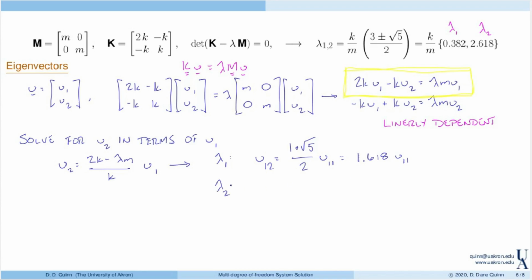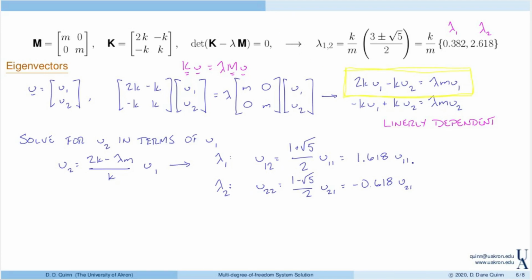Likewise, do the same for the second eigenvalue. So that's lambda 2. We get u22 is now (1 minus the square root of 5) divided by 2 times u21, which in this case becomes minus 0.618 times u21.